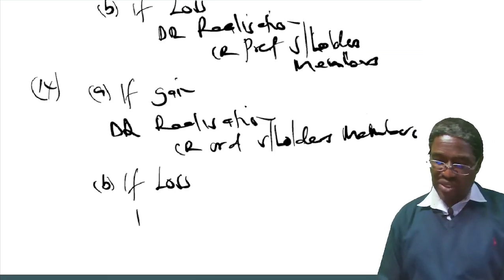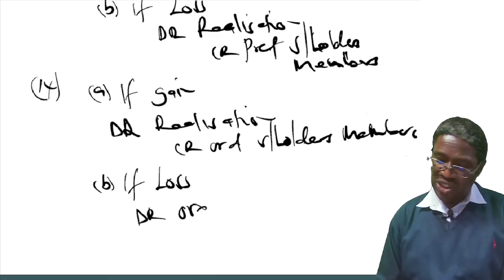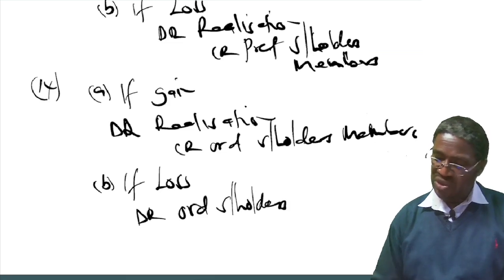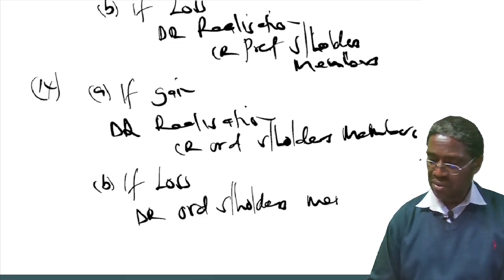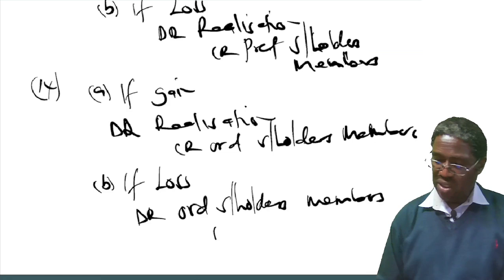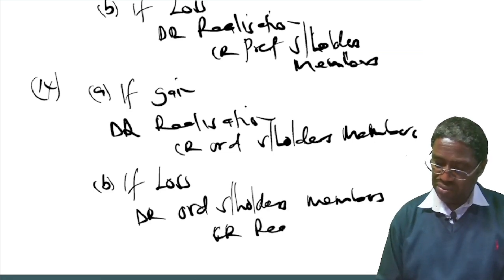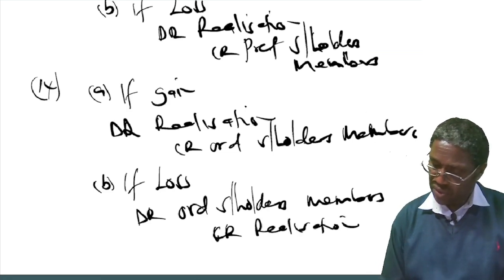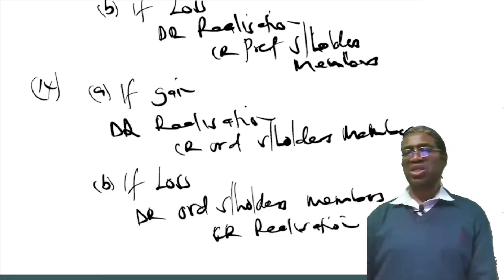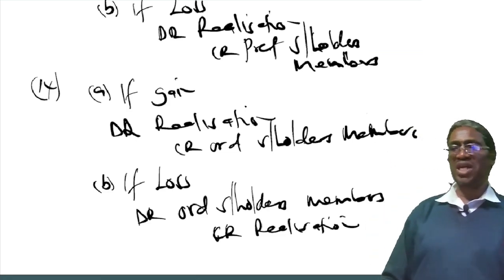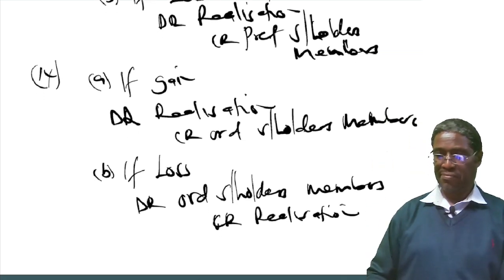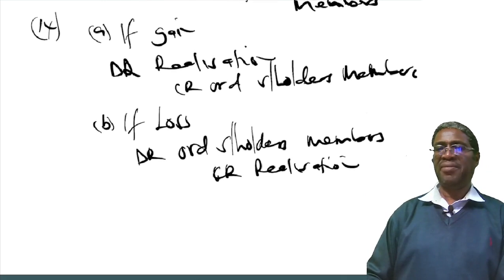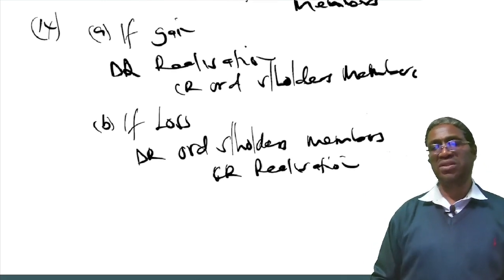We said you debit ordinary shareholders members, credit realization. That's our step number 14.